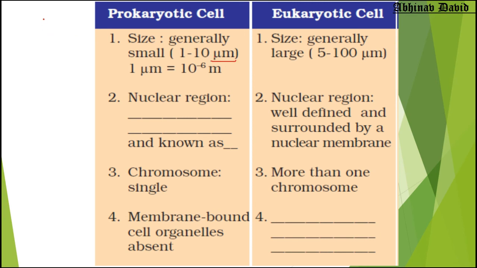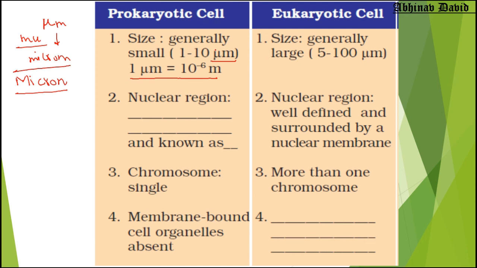This symbol is not U; it is U with a line, actually called mu, and mu m is micrometre, together called micron. I will write it more clearly: micron. So 1 micron is equal to 10 raised to minus 6 meter.